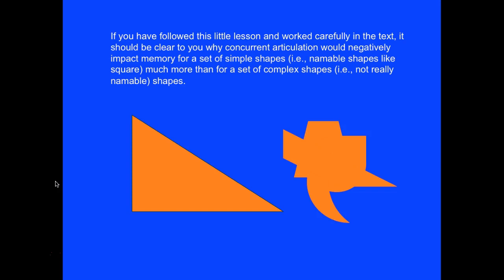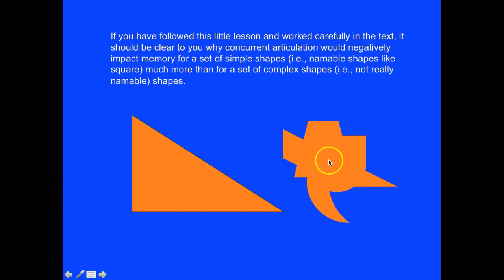So for that reason, that task, encoding simple shapes in a working memory task, should be impaired by concurrent articulation. Why? Well, again, now this should probably be pretty clear. It would be impaired because you're not going to be able to repeat the words, triangle, while you're doing concurrent articulation.